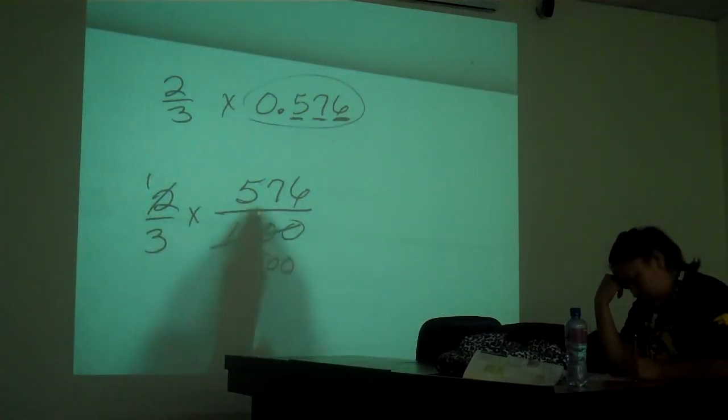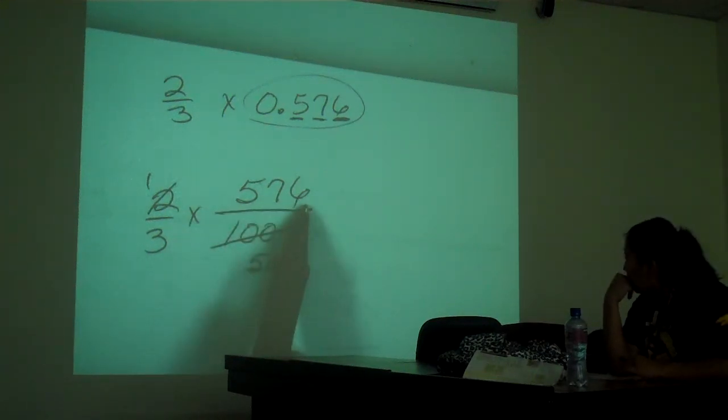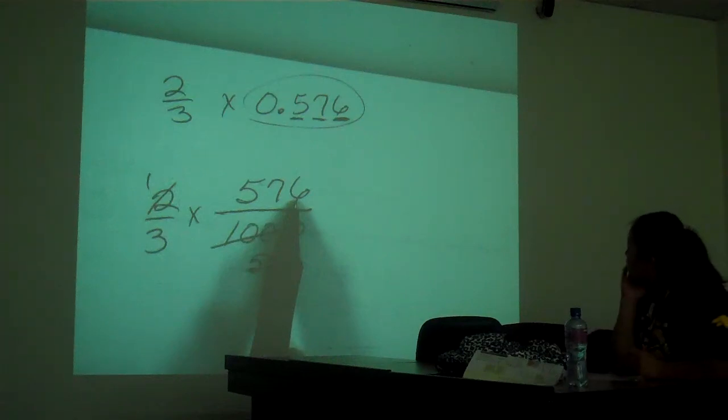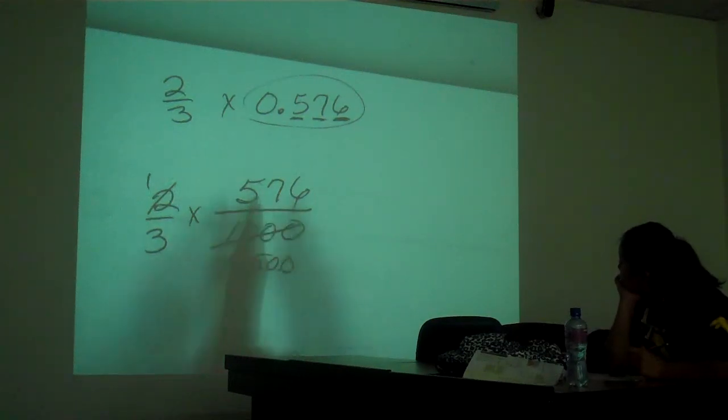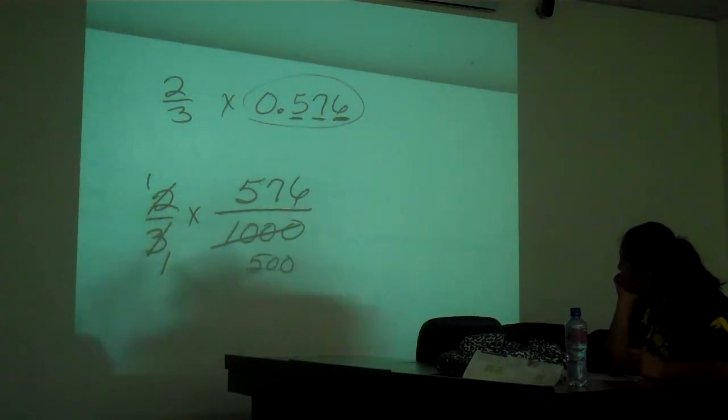What was the rule to see if a number divides by 3? You add the digits. 5 and 7 is 12 plus 6 is 18. 3 goes into 18, doesn't it? Yes. So 3 is going to divide into that. Let's divide 3 into that number. Divide by 3 here is 1.